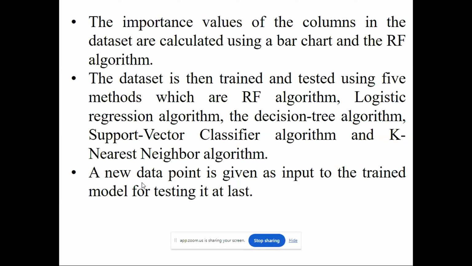So the data set was then trained utilizing five machine learning algorithms, which included the random forest, the logistic regression, the decision tree algorithm, and the support vector machine classifier, as well as the KNN or K nearest neighbor algorithm. Now also, after the classification was over, a new data point, the textual data, was given to the data set to check whether it is working correctly or not.